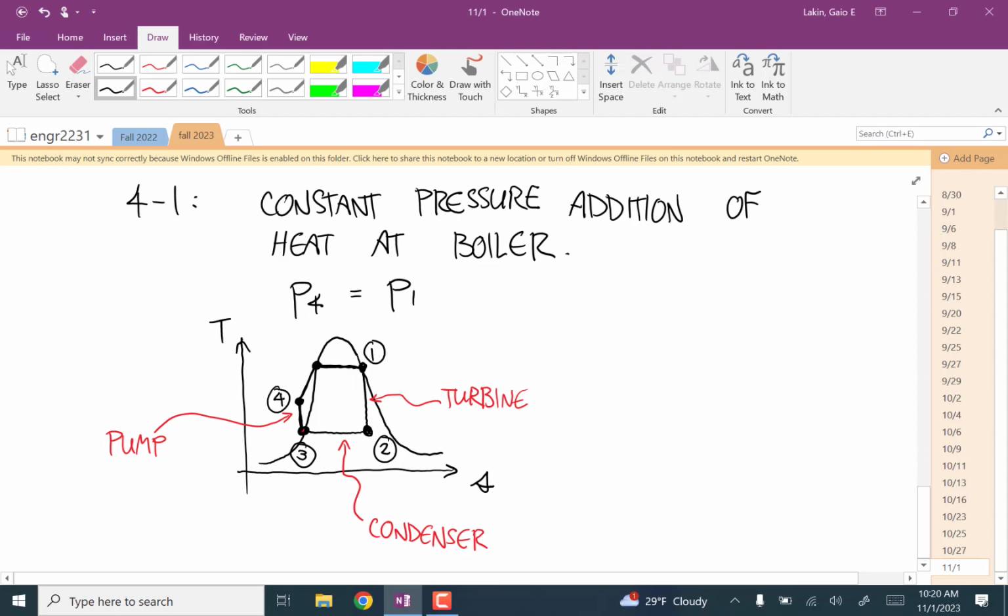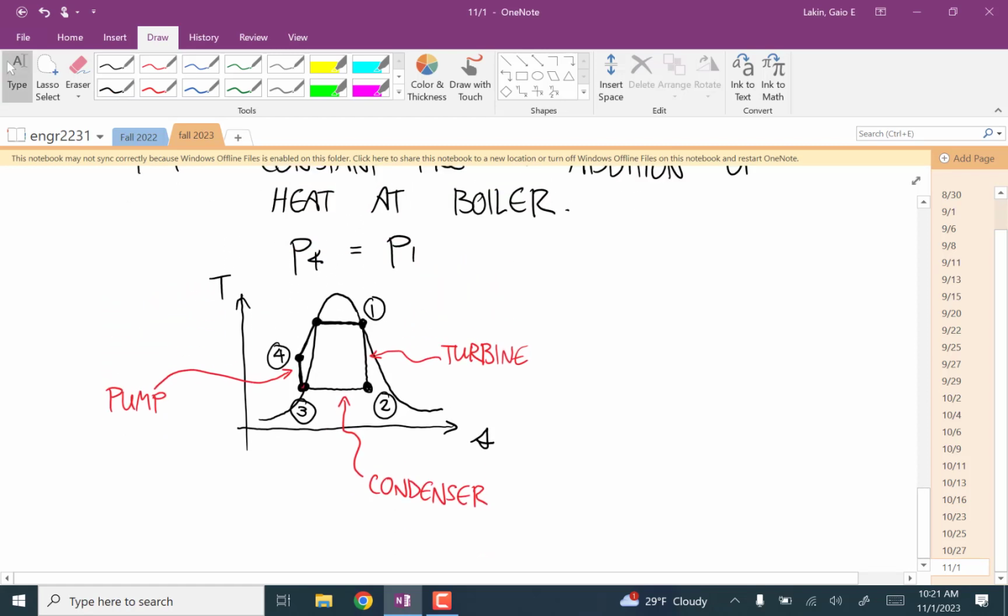So that step from 4 to 1 has sort of 2 legs in the journey, because you have to get up to a saturated liquid and then change the phase. So all of this is the boiler. And this is a TS diagram.